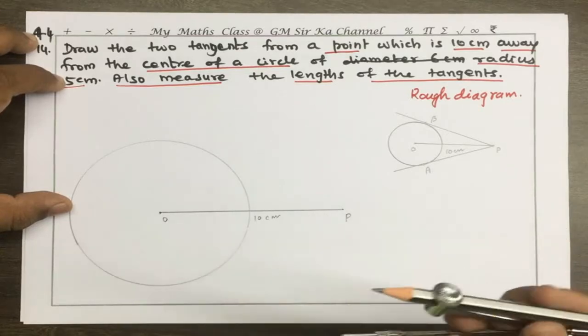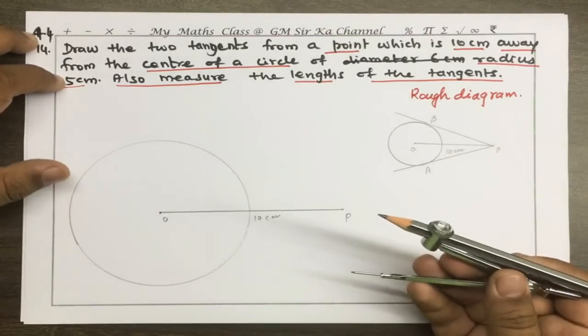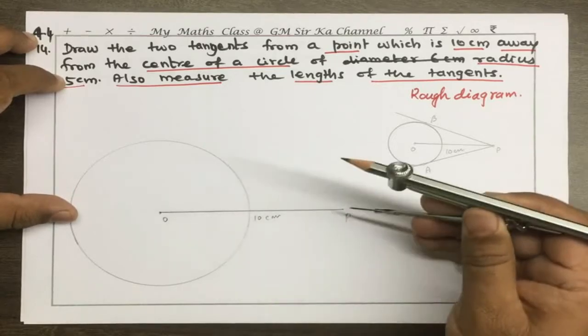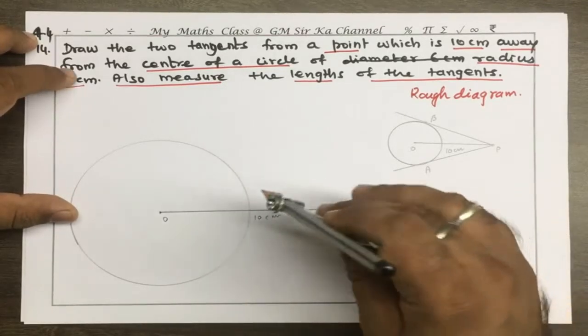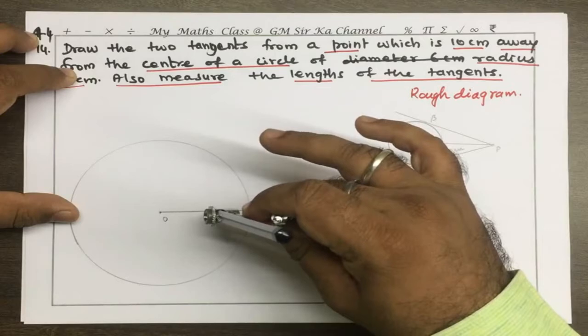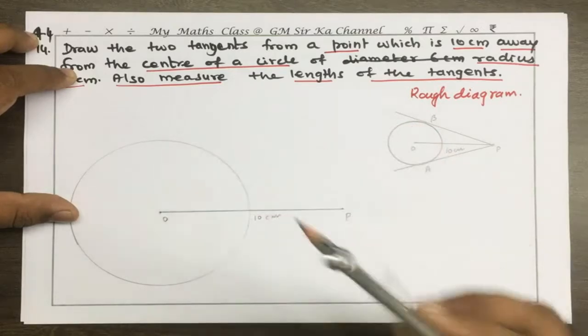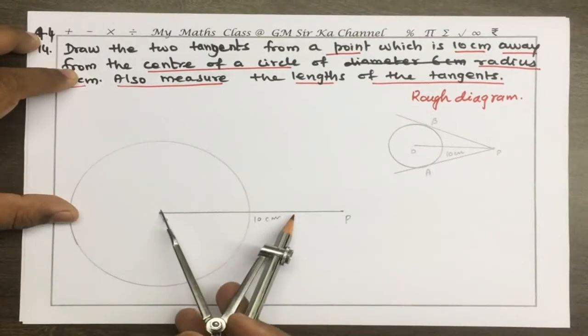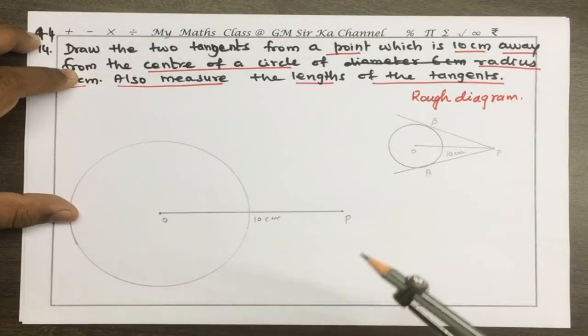So first of all we have to draw the perpendicular bisector of OP. So more than half of 10 is taken in the compass in this way. This is more than half, exactly you can see more than half for drawing the perpendicular bisector.